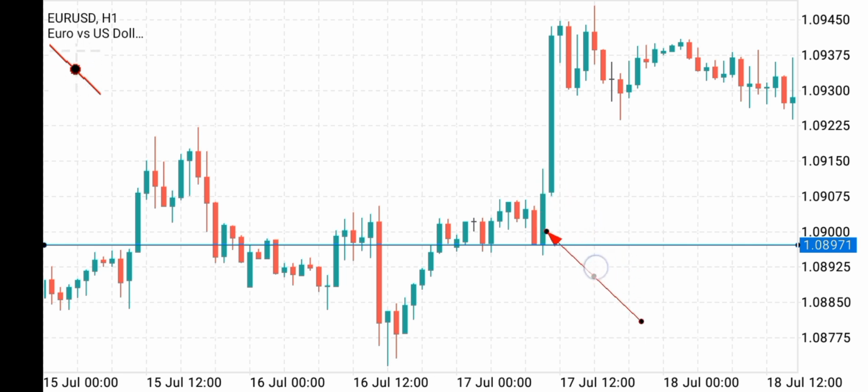So the reason why you are seeing this colored part and this tiny part: this tiny part is called the shadow, or it is also called the wick. And this colored part, from here to here, is called the body of the candlestick.